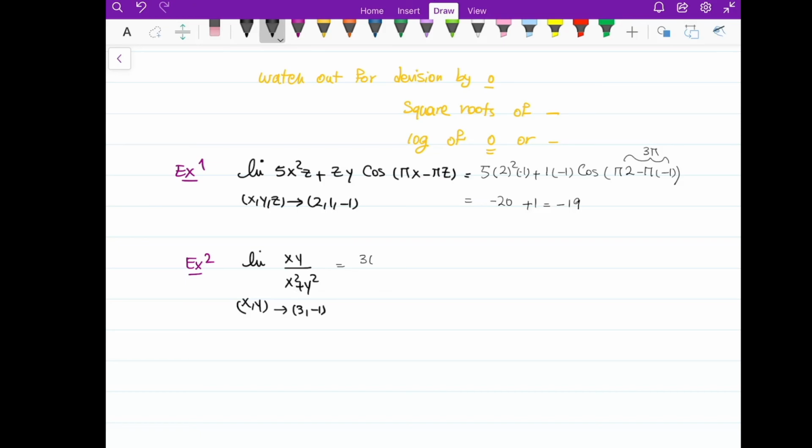So I get 3 times -1 over 3 squared plus -1 squared. So this is -3 over 10. Okay, so as you see, we use continuity to show that the limit exists. In the next video, we're going to solve more examples on that.